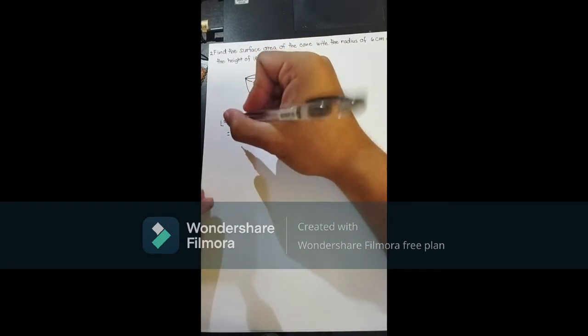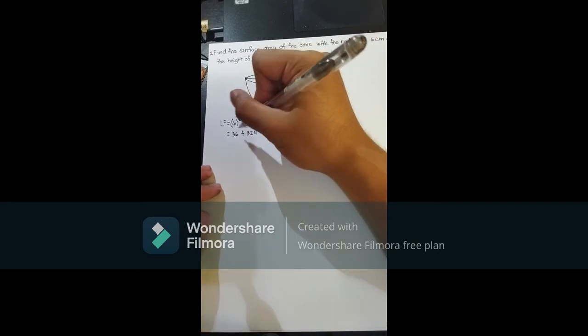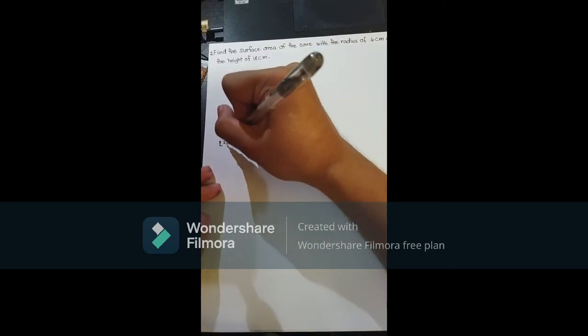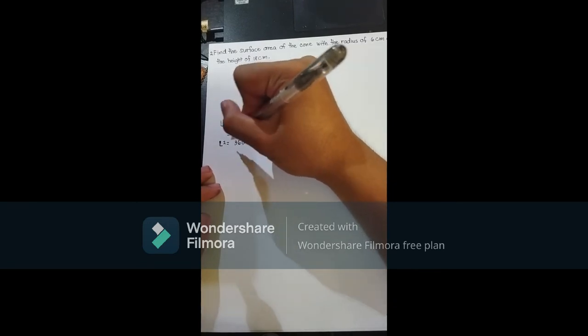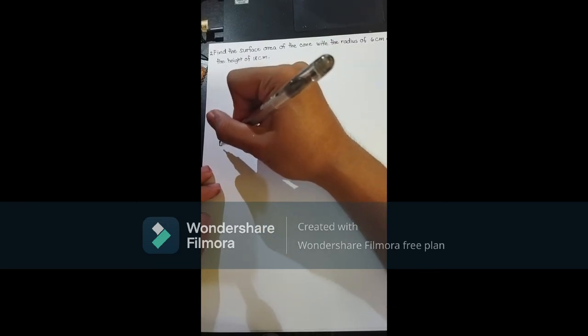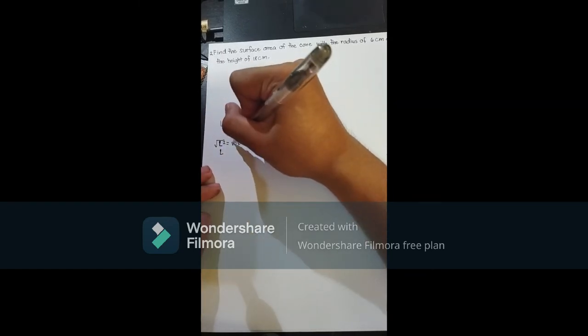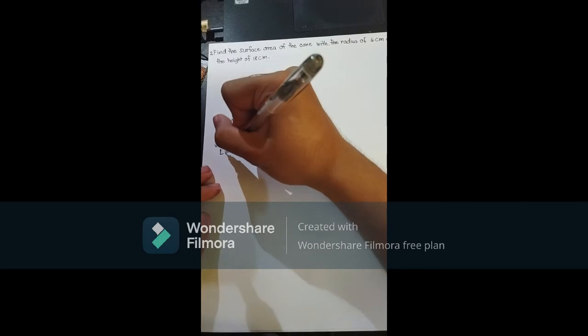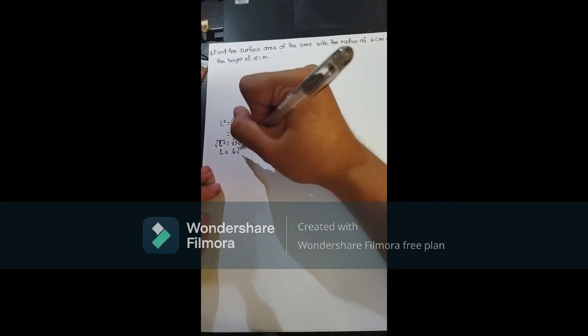So if we add this, 36 plus 324 is equal to 360. So if we're going to find the length, we're going to square root it. So the answer is L equals 6 root 10.